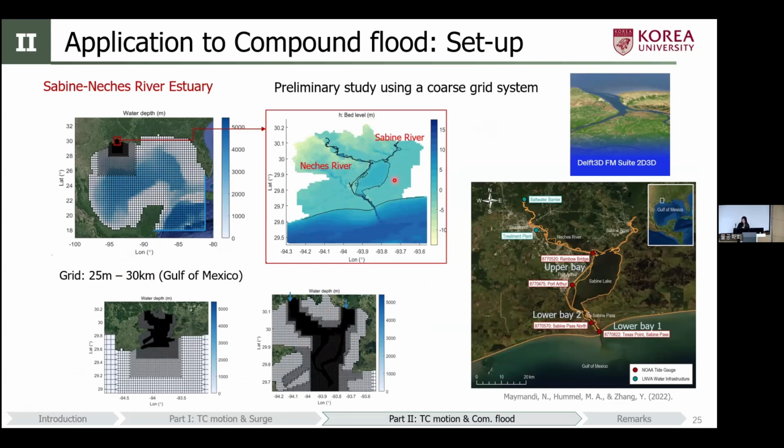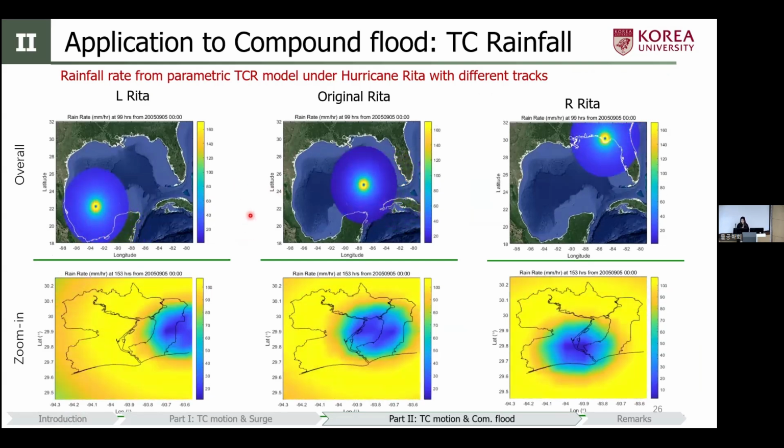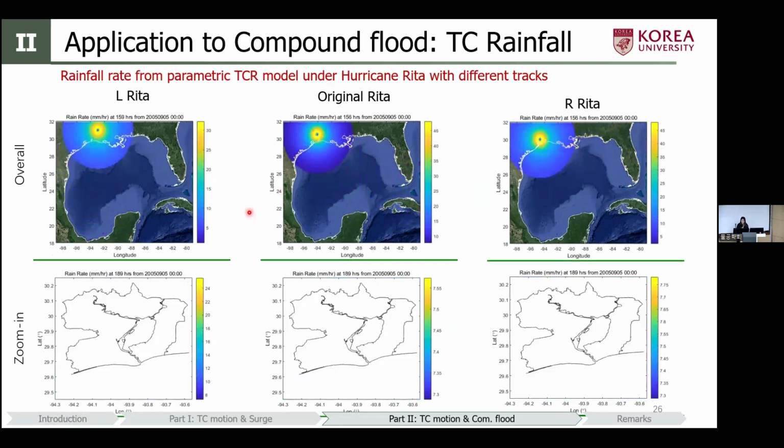The finest grid resolution is about 25 meters for now, but later we will also improve our model. This is a simple case example showing the rainfall field that we have.